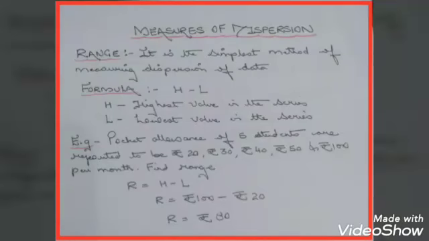Now comes the coefficient of range. Again you know the formula of coefficient of range, that is CR equals H minus L upon H plus L. If we take the same example, your highest value was 100 and the lowest was 20.